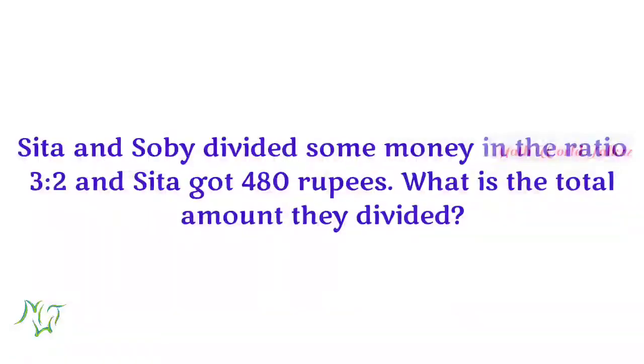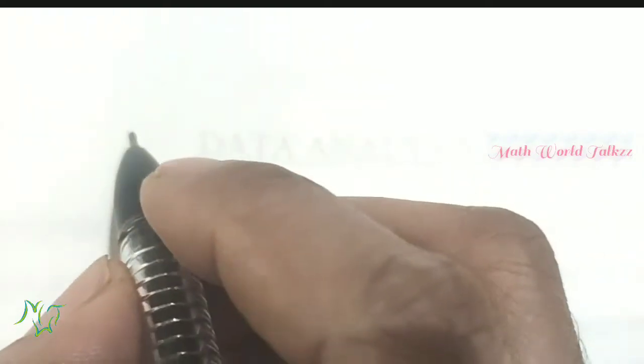See the next one. Sita and Sobi divided some money in the ratio 3:2 and Sita got 480 rupees. What is the total amount they divided? Here the total amount is not given. The ratio and the money Sita got are given. So we can write what all information is given.